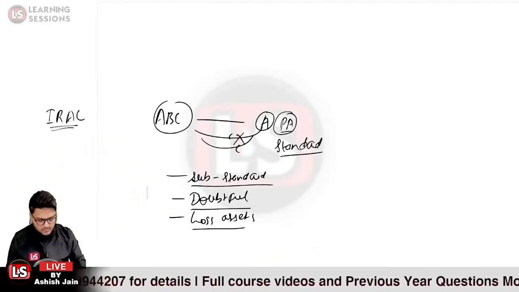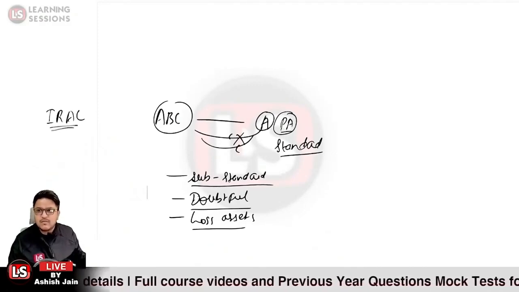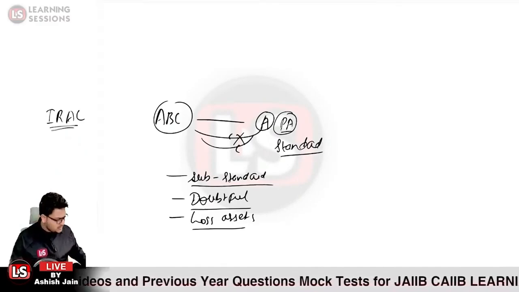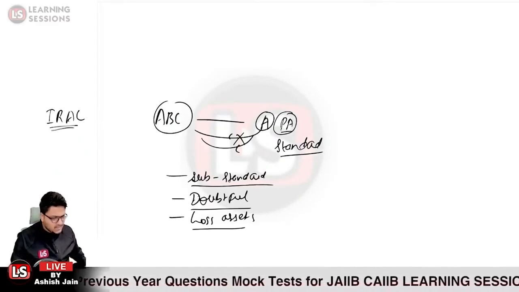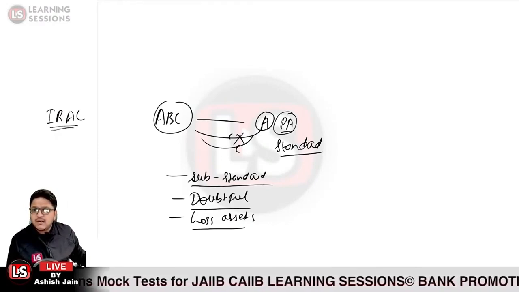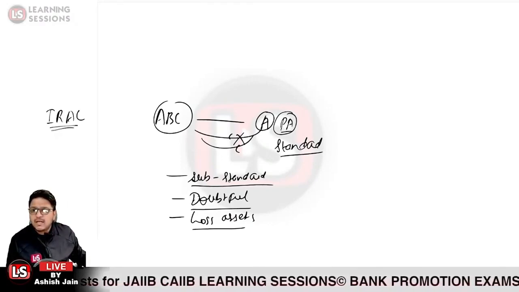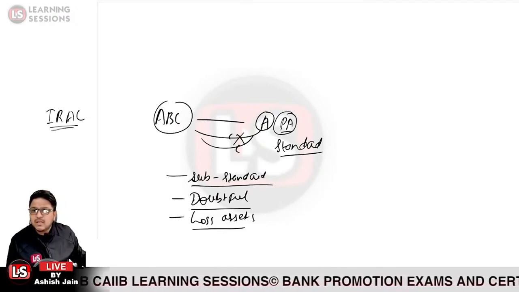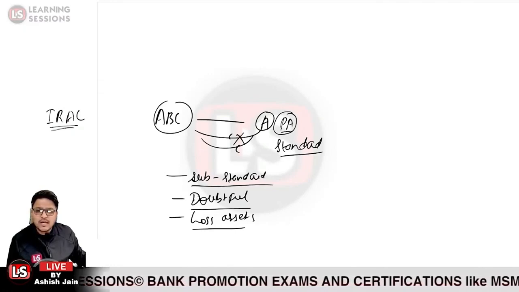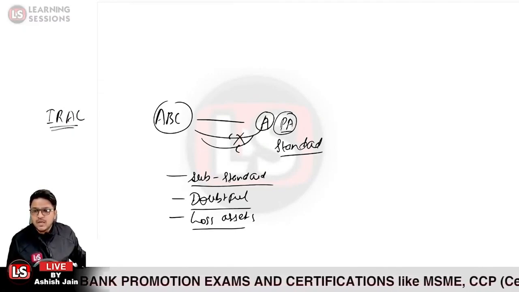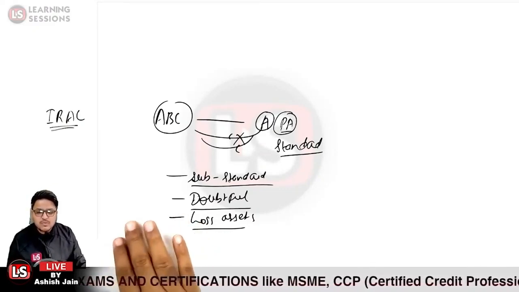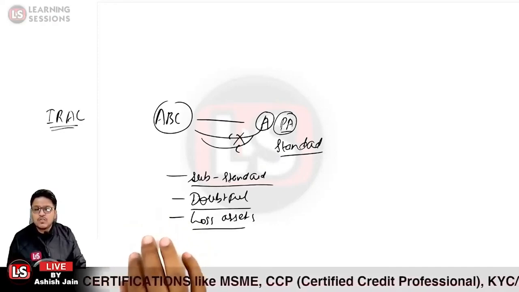What are IRAC norms? Kindly, can anyone explain the term IRAC? What is the IRAC term? It is related to income recognition and asset classification norms, and further to the provisioning norms.